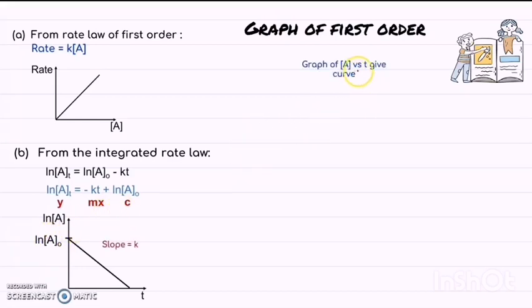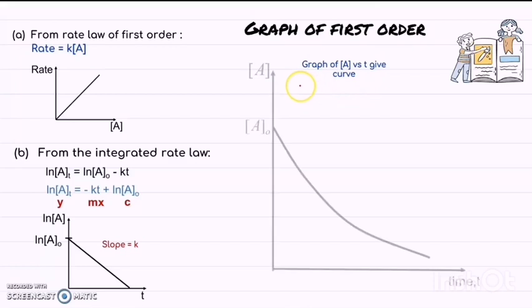Okay, next is graph concentration of A versus t, which will give a curve. Unlike zero order, for a first order reaction, when we plot graph concentration of A versus t, we will have a curve like this. And this is our A naught, which is at t equals 0.